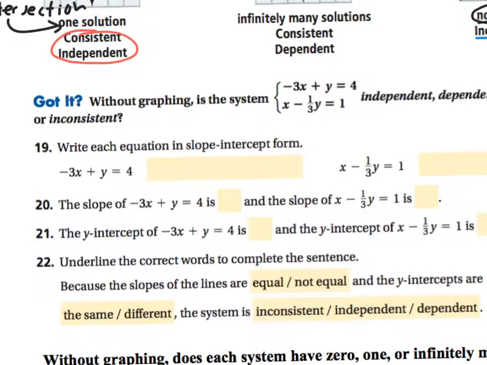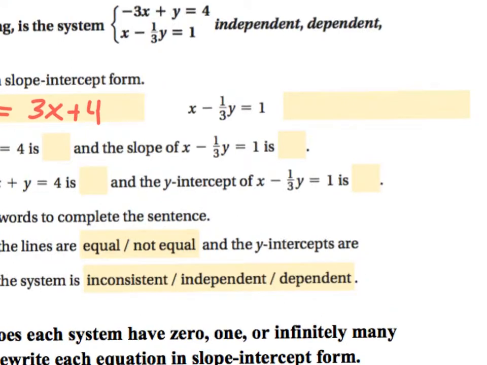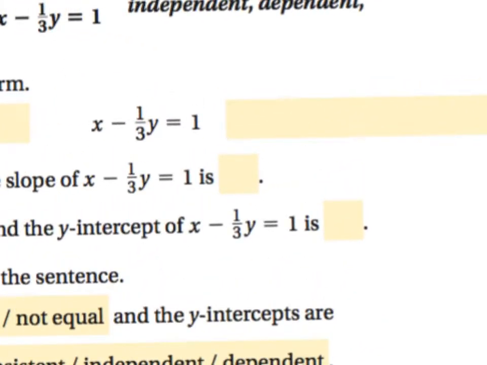So first, we're going to write each equation in slope-intercept form. If you need to see how that's done here, I'm just going to add 3x to both sides in order to isolate the y. And when I do that, I get y equals 3x plus 4. So let's subtract the x from both sides.